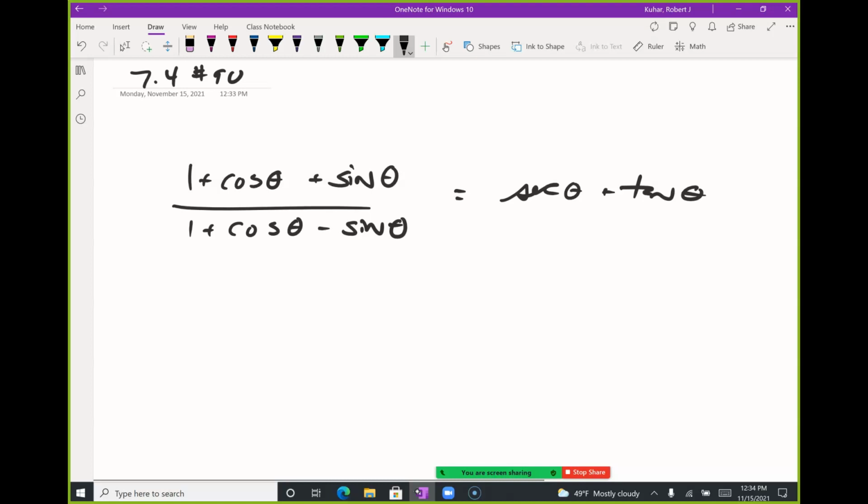Could be a conjugate. I just don't know what to do. I'm going to start on the right. I get 1 over cos plus sine over cos.